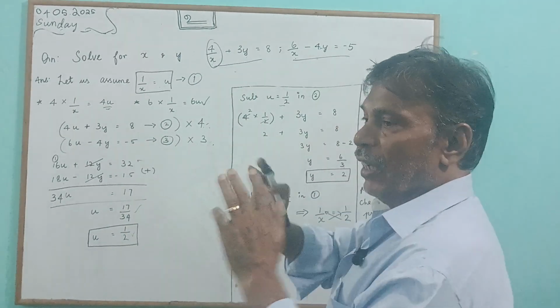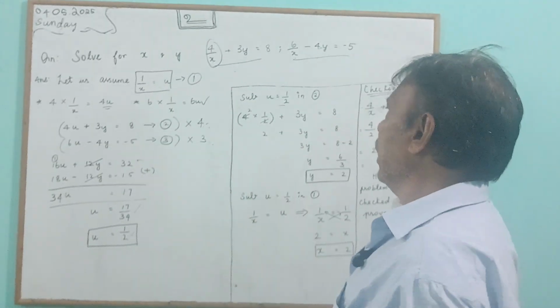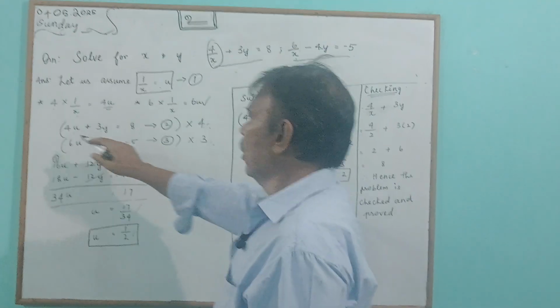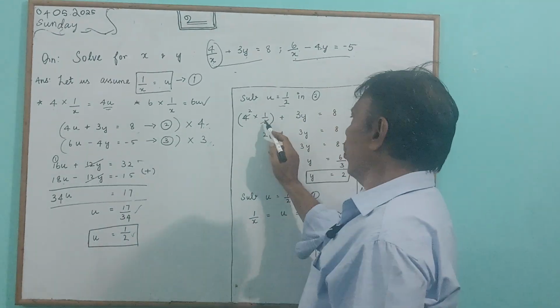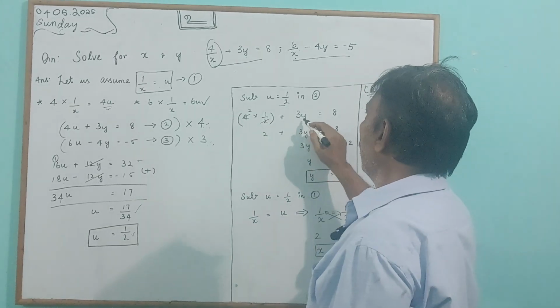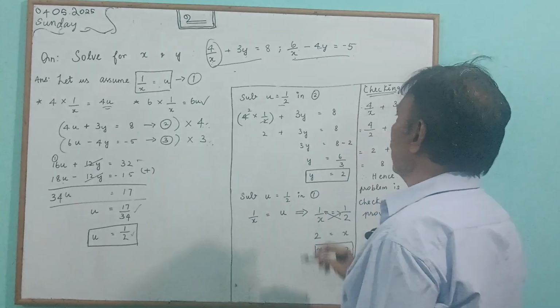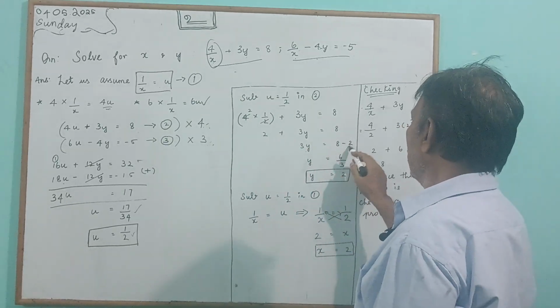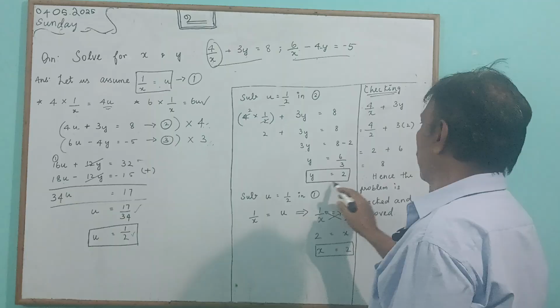Don't rush for x. First you find out y. Okay. So u is 1 by 2, means 4 into 1 by 2 is 2, plus 3y is equal to 8. So 2 plus 3y equal to 8, 3y equal to 6, y equal to 6 by 3 equal to 2.